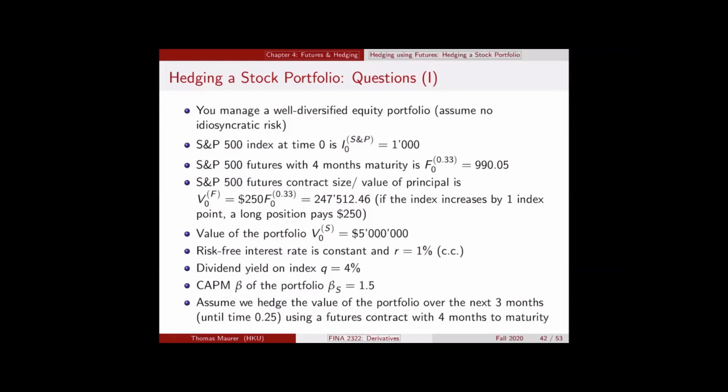Before we figure out how many long or short positions we have to take in the index futures, I just want to derive very quickly again, how do we actually get to the futures price of 990.05 index points? We know from our no arbitrage relationship that the futures price has to be equal to the price of the underlying asset, discounted by the dividend yield, multiplied by the gross return of the risk-free asset.